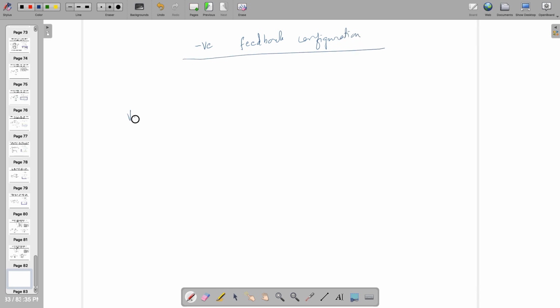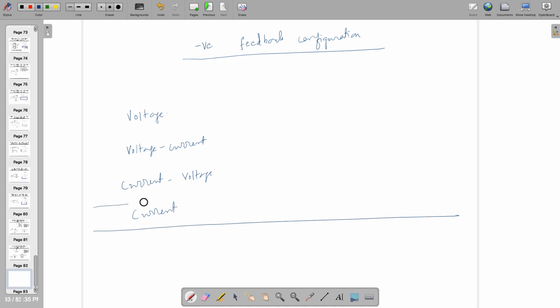You might be interested in a voltage amplifier, sometimes a voltage-current amplifier or current-voltage amplifier, and you might be interested in designing a current amplifier. So it depends on your application and situation, what you want.